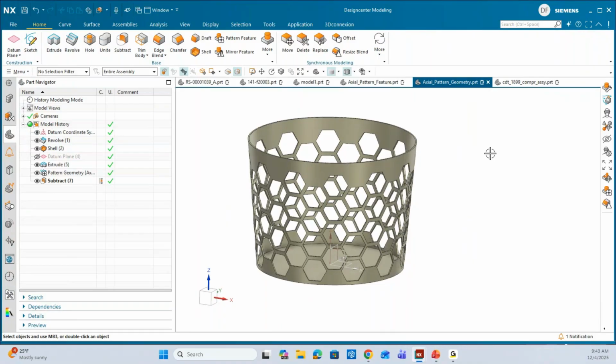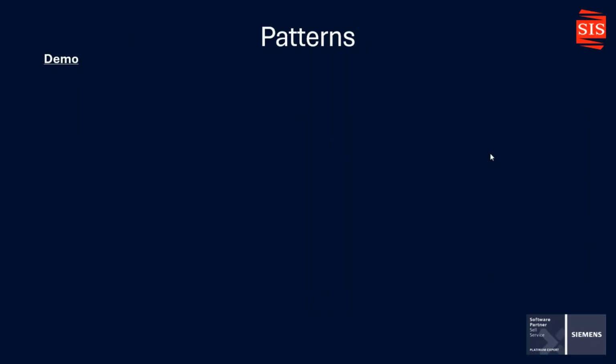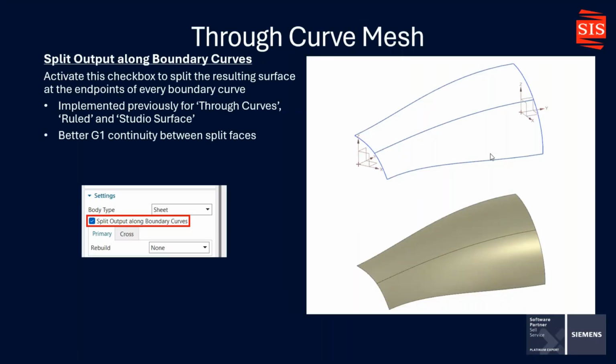Okay, let's go back over to our presentation here. Just a couple more things. The through curve mesh feature now has the split output along boundary curves option, which was previously added to other surfacing commands in the last release, such as through curves.